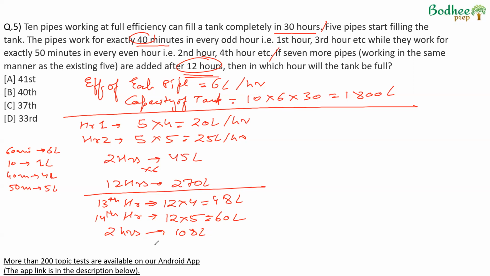Now suppose this process happens for X number of times. I can say 270 plus 108X should be less than or equal to 1800. So we want to go as close to 1800 as possible.